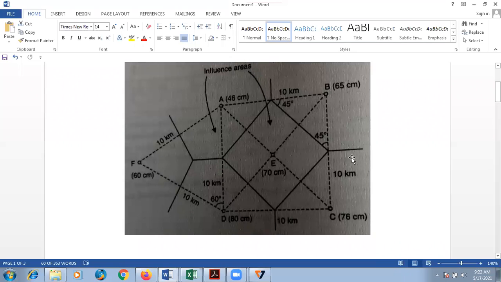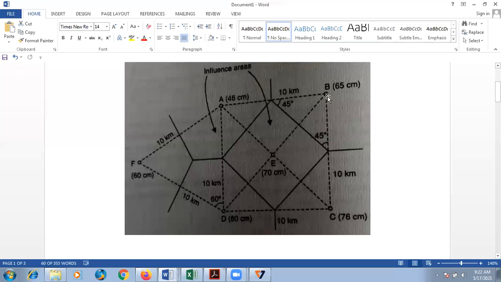Just to review what needs to be done in the Thiessen network: first of all, we will know the location of each of the rain gauges, and here it is A, B, C, D, E, and F. Each of these rain gauge stations has to be joined to each other by means of a dotted line, as shown here, to form triangles.